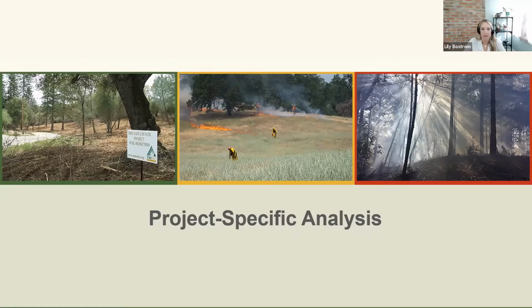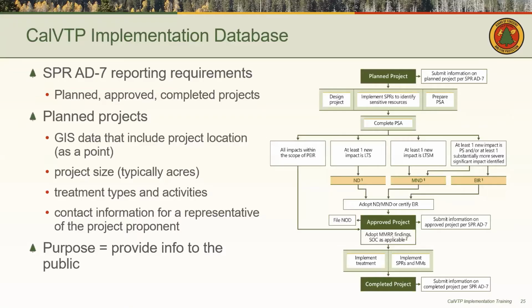So now I'm going to talk about how to prepare a project-specific analysis, both generally, but using an example that we recently prepared as well. Next slide, please. So a key element of using the CalVTP is providing information to the public and other project proponents about the treatment projects being implemented under the CalVTP.